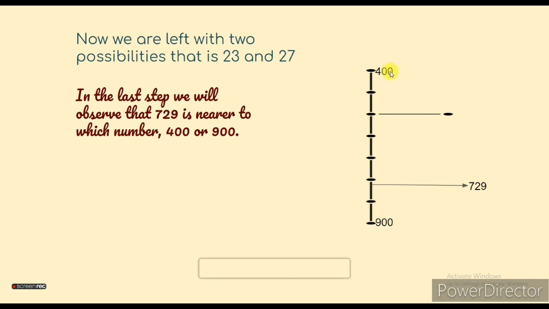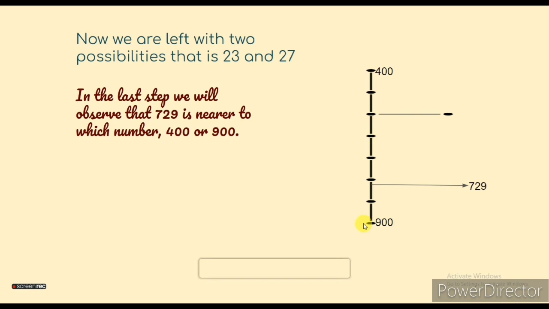If it is closer to 400, we will keep 23 as our right answer. If it is closer to 900, we will keep 27 as our answer. Now, we can clearly see that it is closer to 900.